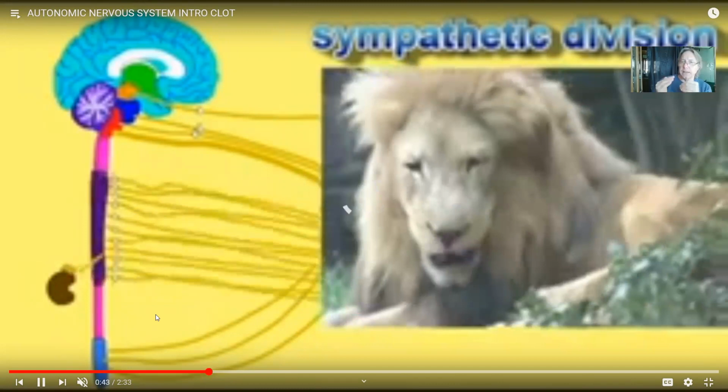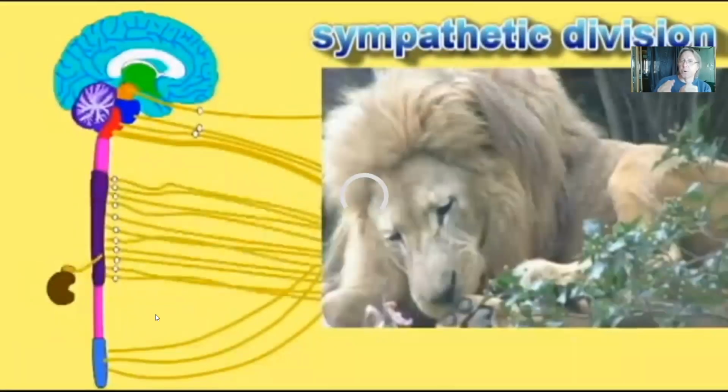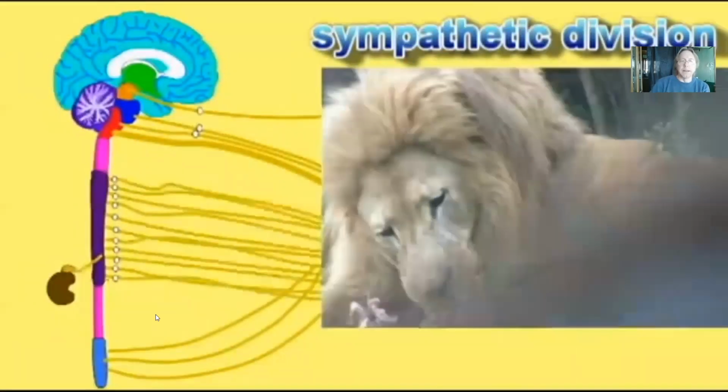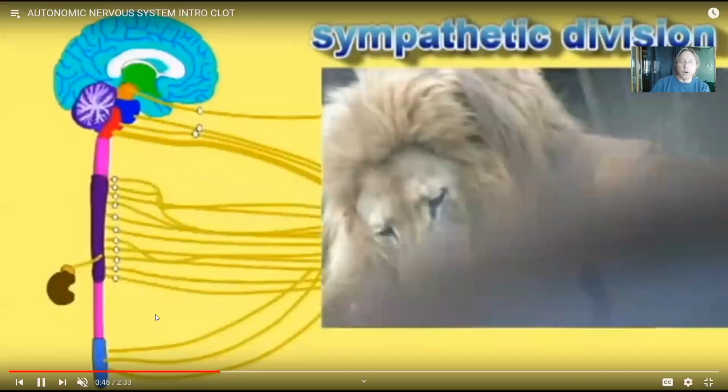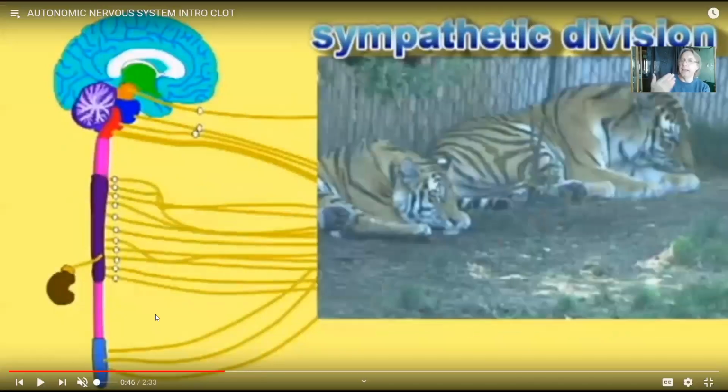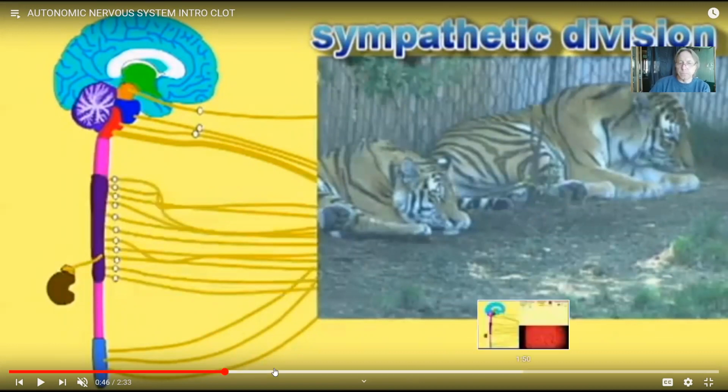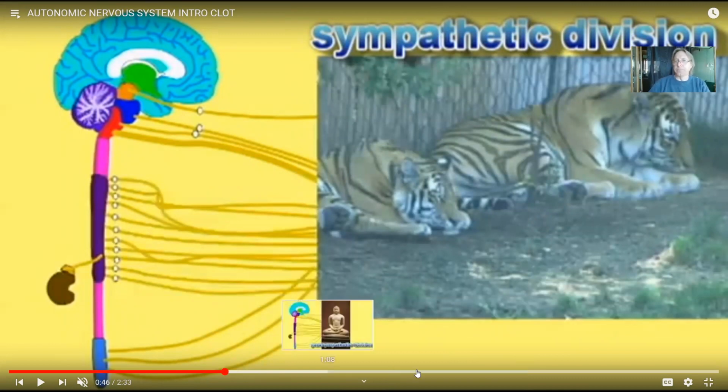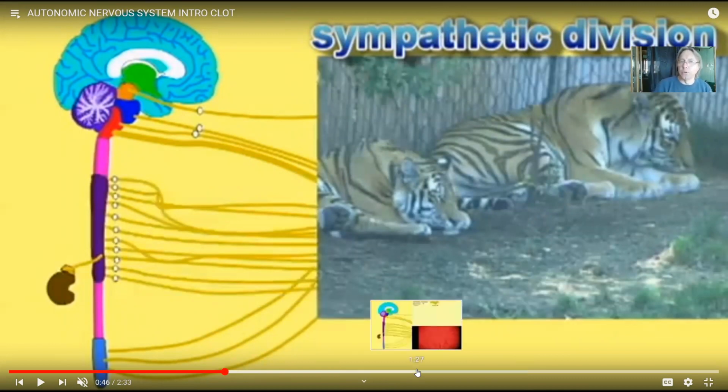But if you dump it into the blood, now it's affecting cells all over the body, even the cells that nerve cells don't touch. Now it's acting as a hormone. So during an emergency, if you see a big cat on your way home from school, you release epinephrine into your blood, where it acts as a hormone going all throughout the body.